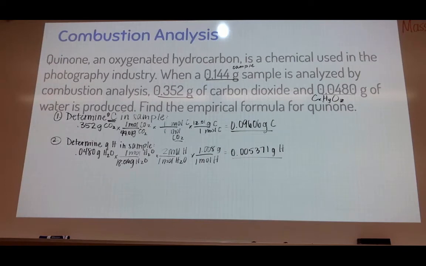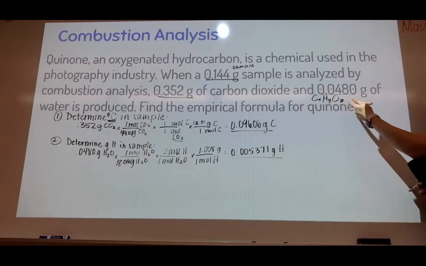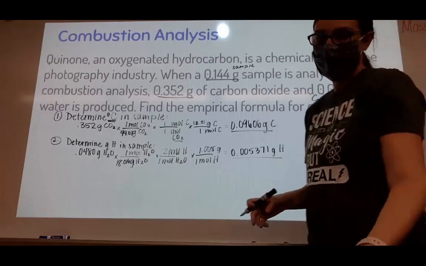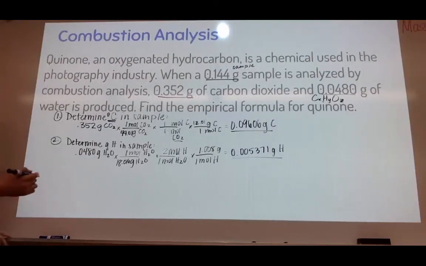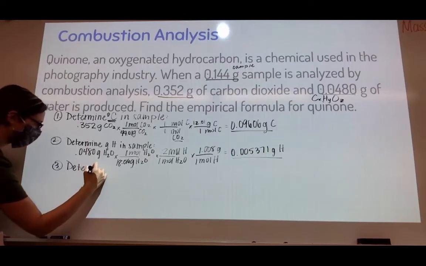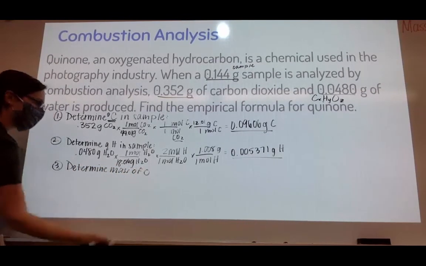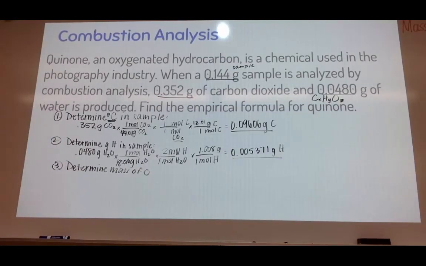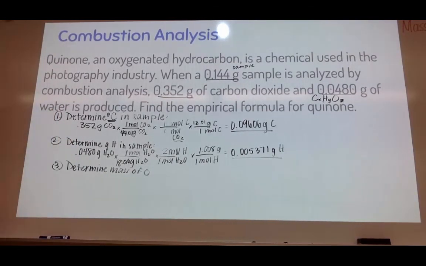Now in order to figure out the empirical formula, I need each individual atom. So I need oxygen. So the next thing that we need to do is determine the mass of O. Now please, please, please, please do not try to stoich from CO2 and H2O to figure out oxygen.